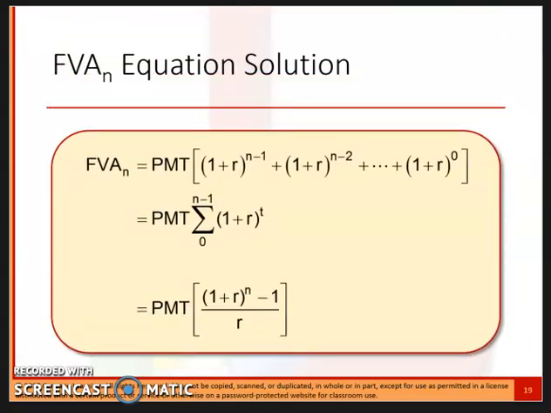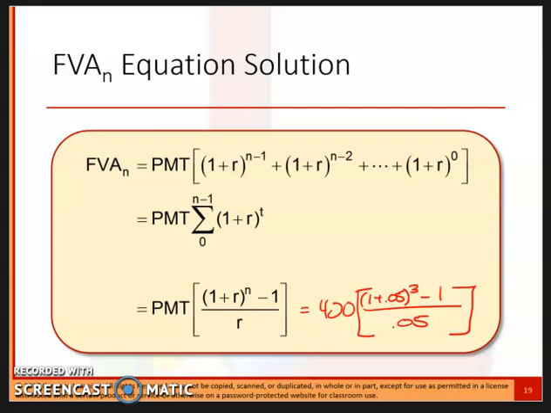The equation begins to get a little bit uglier, but in this case it would be 400 multiplied by 1 plus 0.05 to the third minus 1, divided by 0.05. This is why we have a financial calculator.